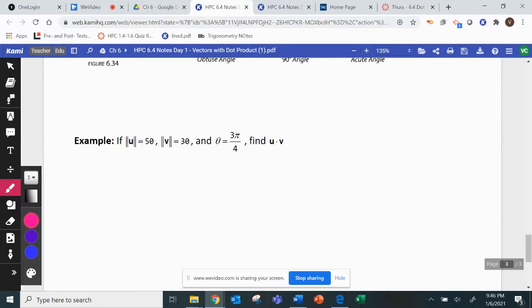If the magnitude of u is 50 and the magnitude of v is 30, and theta is 3 pi over 4, let's find u dot product v. So we take the magnitude of u multiplied by the magnitude of v multiplied by cosine 3 pi over 4.